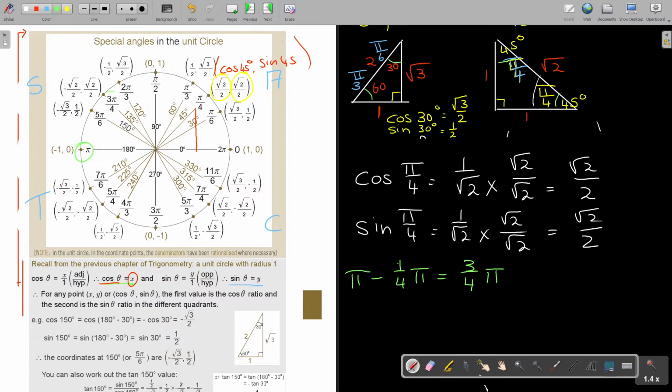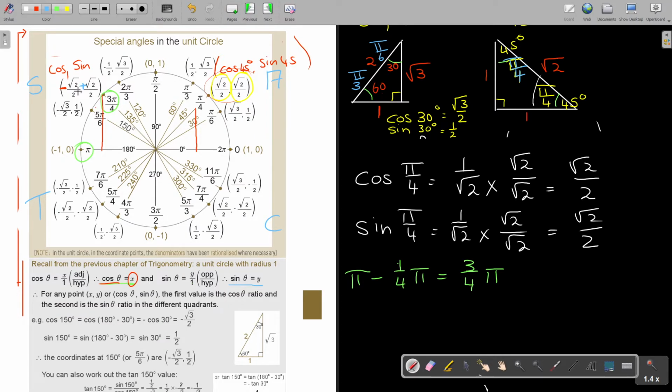So where is it? It's there. If you draw that, it's going to be exactly the same as that. But now you must think in this quadrant. Remember, it's always first your cos and then your sin. So cos in this quadrant is going to be negative.